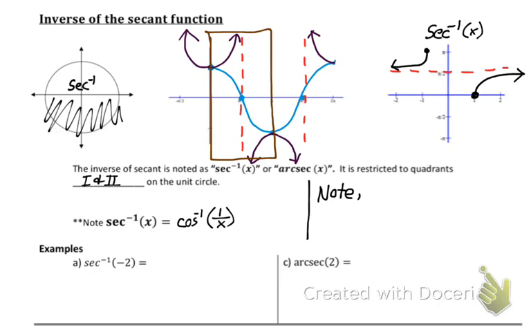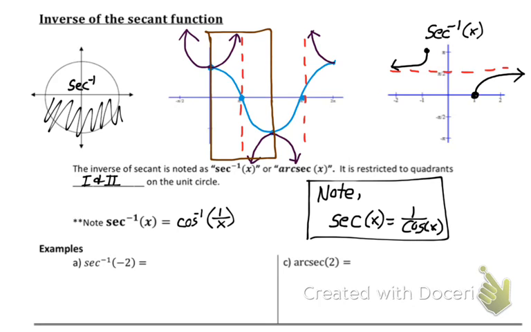Because if it's not the inverse, if I'm just looking for the secant of x, then it would just be 1 over cosine x. So you look for the inverse. That's the only time you put it on the inside. If it's not the inverse, then the 1 goes on the outside. It's 1 over.